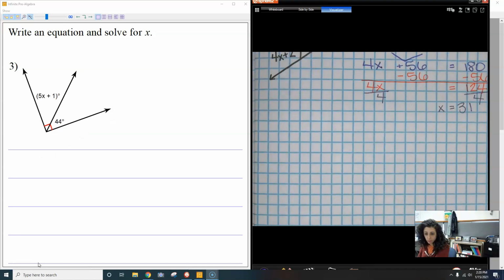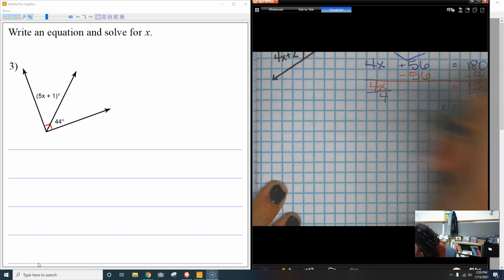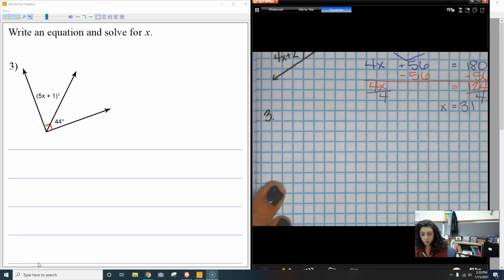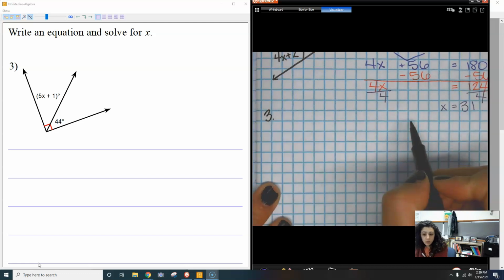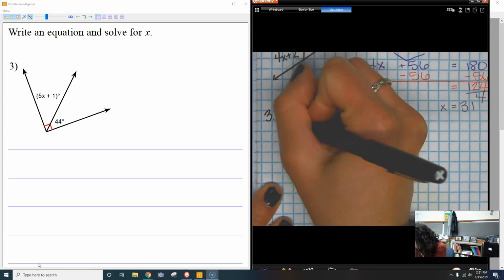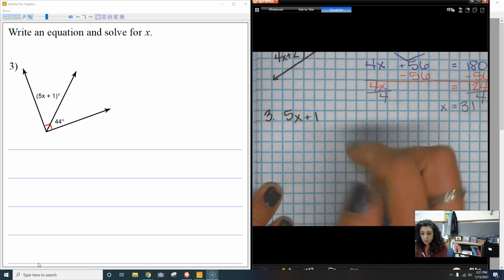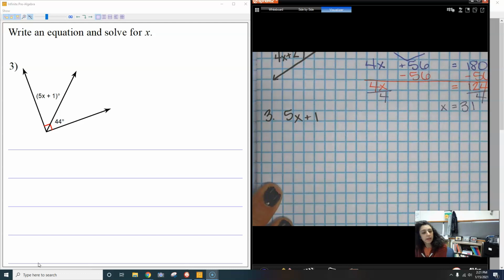Okay, so for the third problem that we're going to work on, I am not going to draw a picture. I already should have 2 examples in my notebook with pictures. I'm just going to write the equation. So these 2 angles together make 90 degrees because there's a 90-degree mark. So angle 1 is called 5x plus 1. And if you like to put parentheses around it so you know to notate it as angle 1, then that's fine.